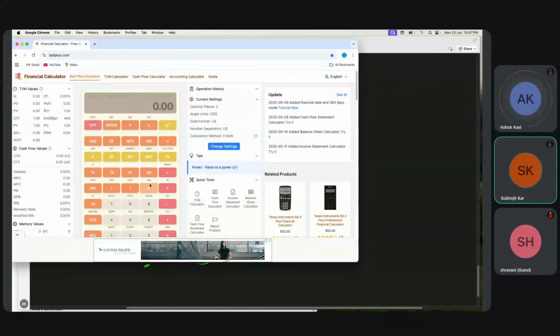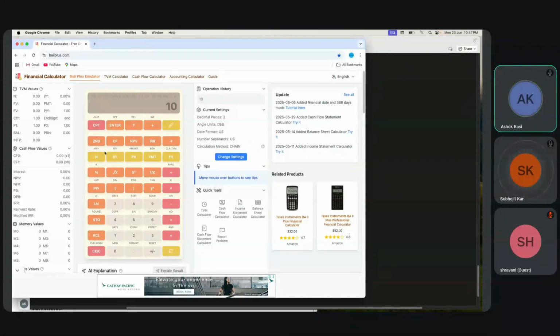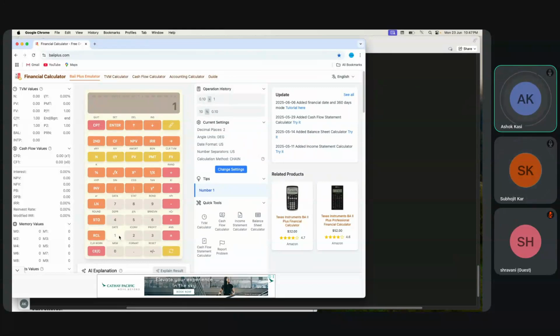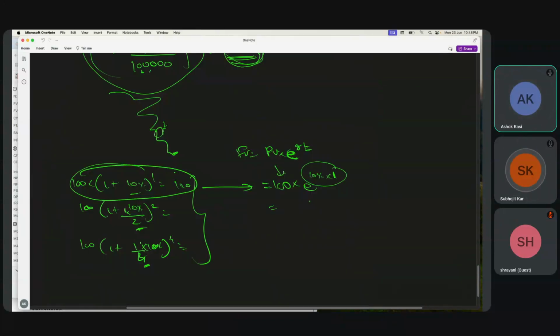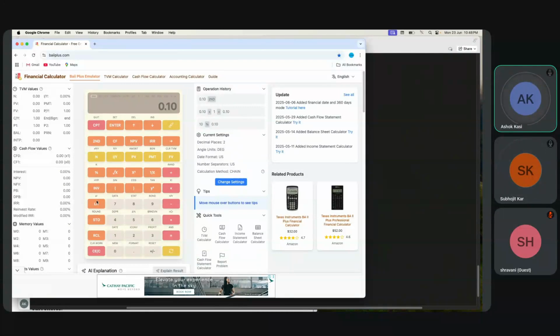So first is 10% into 1 equal to 10%. Then e, how will I do? E is over here. Can you see e raised to x? I want to activate this e raised to x, so I will do second and ln.